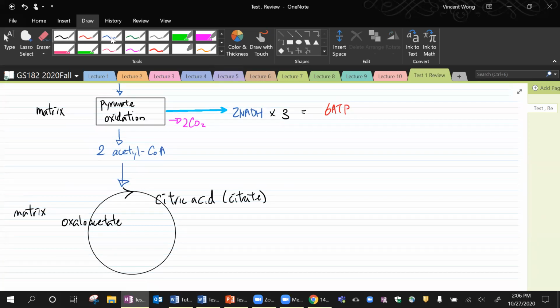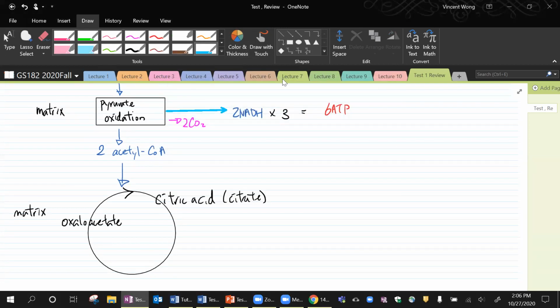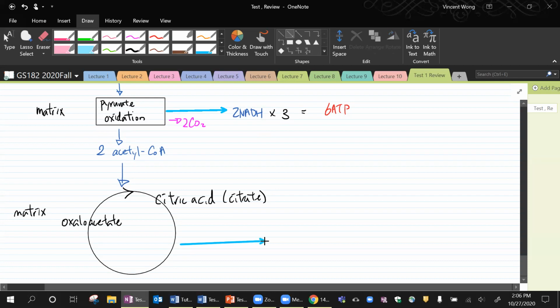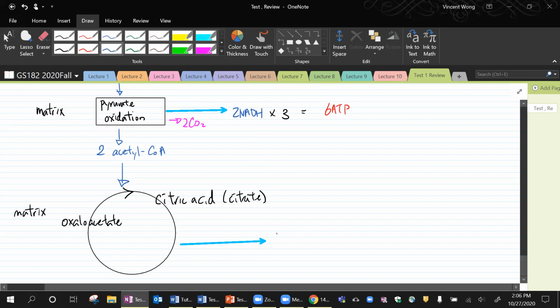Okay, so what are you going to get from it? Well, you are going to get quite a bit. You will get 6 NADH. I meant to say for every 2 acetyl-CoA, for every glucose, you will get 6 NADH.